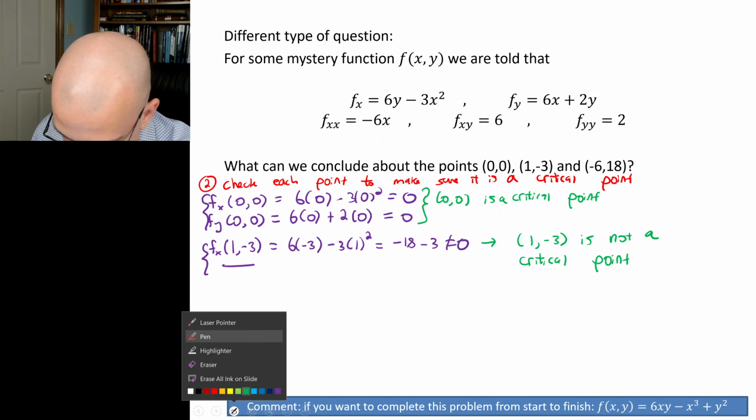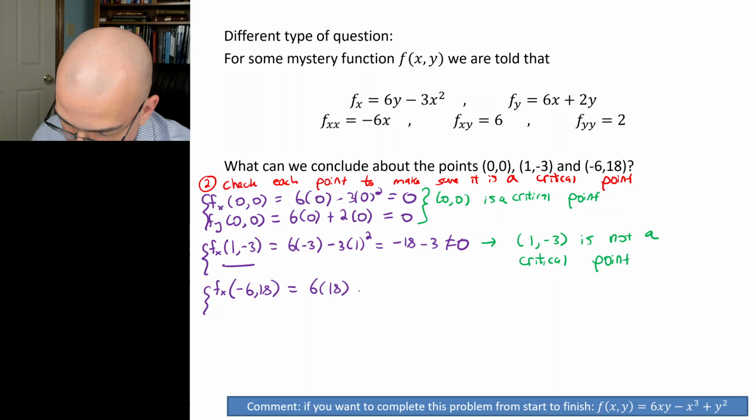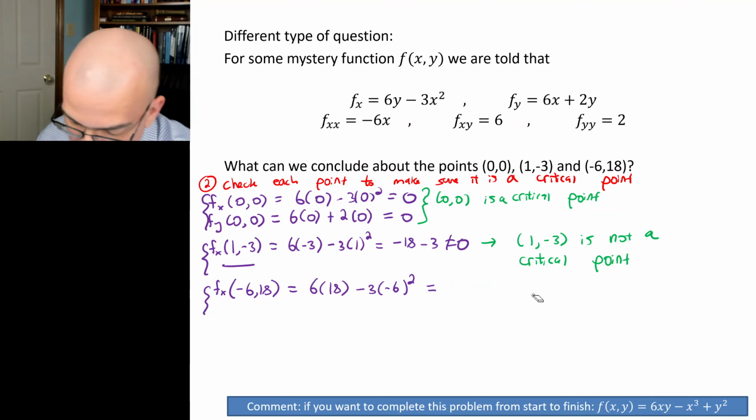And then the last point we'll check, f sub x at negative 6 comma 18. So I'll have 6 times 18 minus 3 times negative 6 squared. So that's going to be, let's see, 60 plus 48, rewriting 18 as 10 plus 8, and then distributing 6 times 10 plus 6 times 8, and then minus 3 times 36. You know what? I'm being an idiot. There's a simpler way to do this.